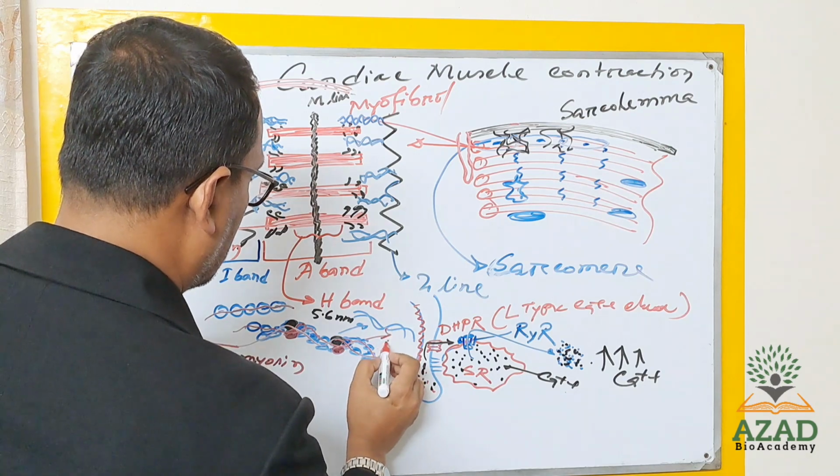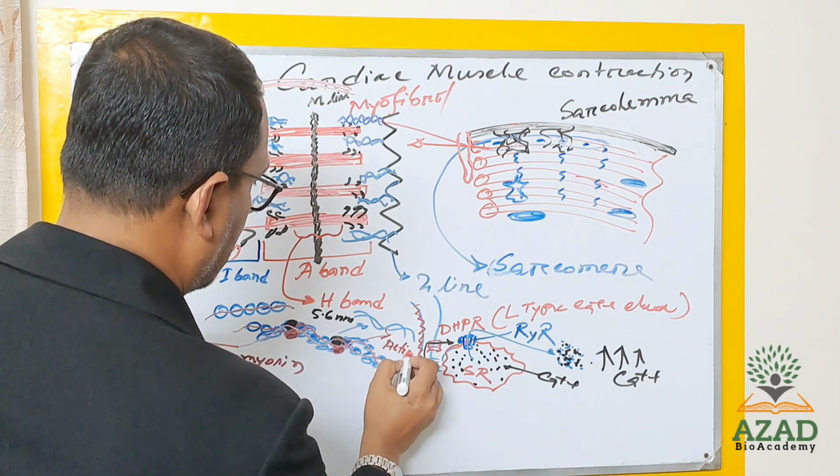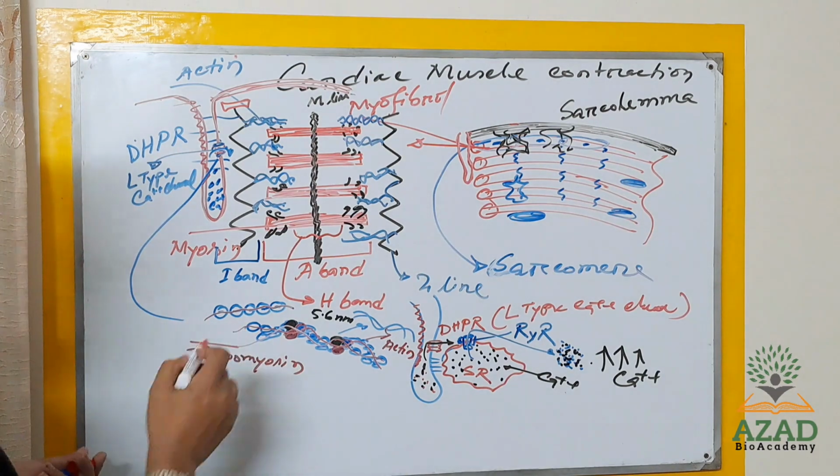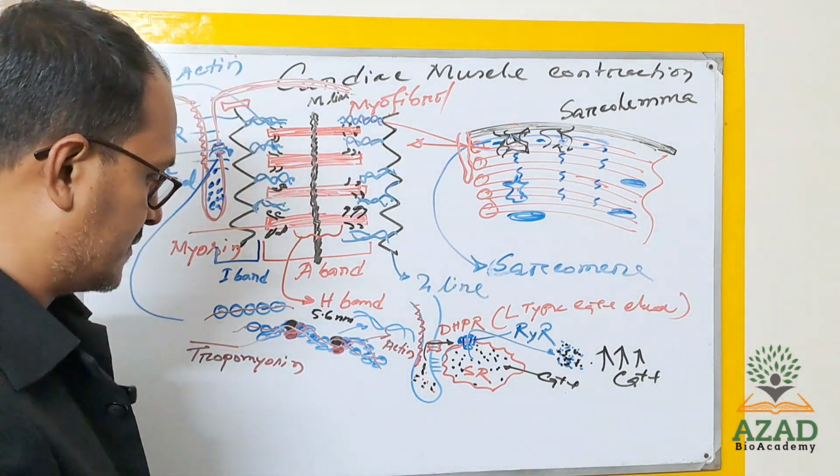So this is tropomyosin and this is actin.